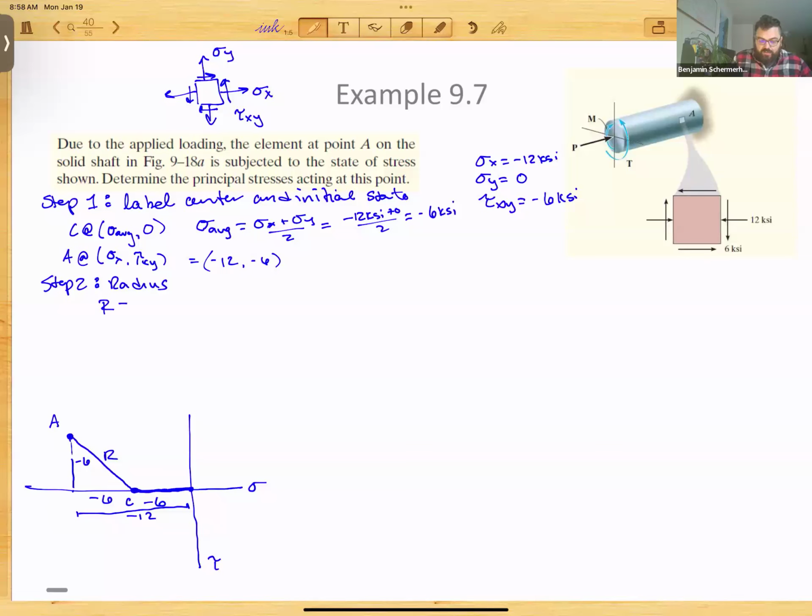You can go through the formula if you want, which is fine: the square root of sigma x minus sigma average all squared plus tau xy squared, so the square root of negative 12 minus negative 6 squared plus negative 6 squared. Yes, lots of negative signs. That is going to give us a radius of 8.49 ksi.